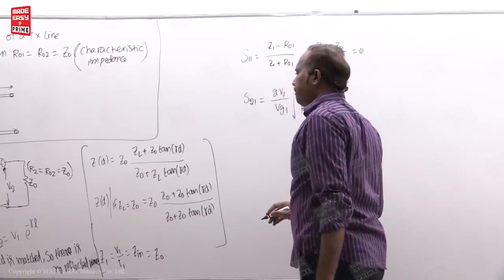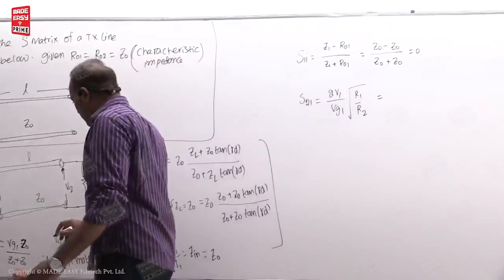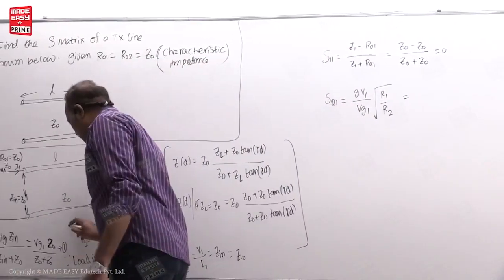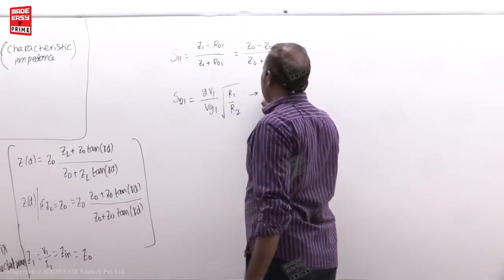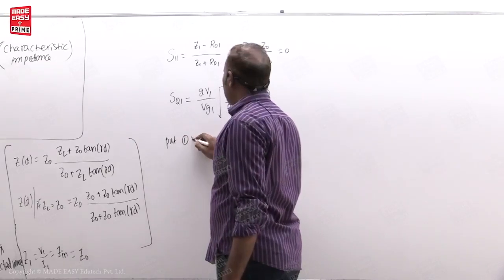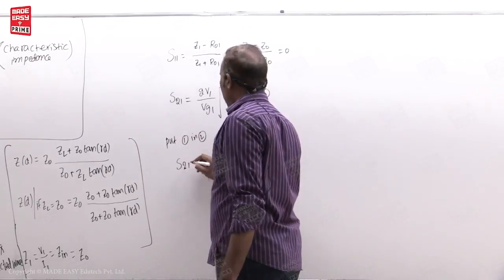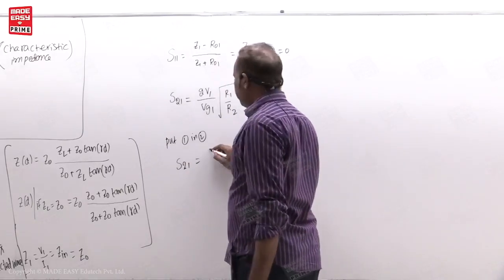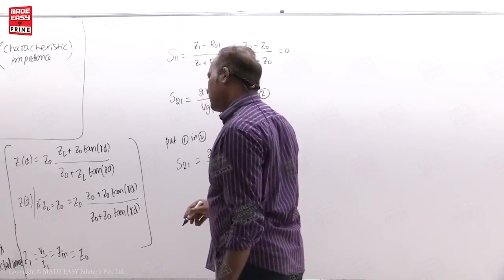Let us call this equation 1. Okay. So call this equation 2. Put 1 into S21, which is equal to 2V1 divided by, what is VG1, students, from that?